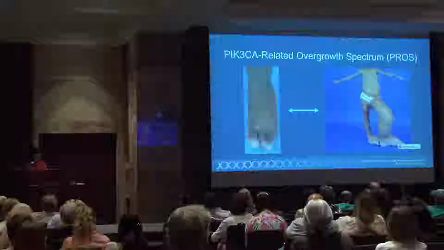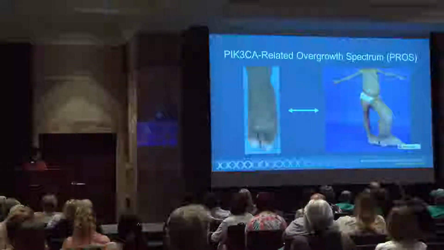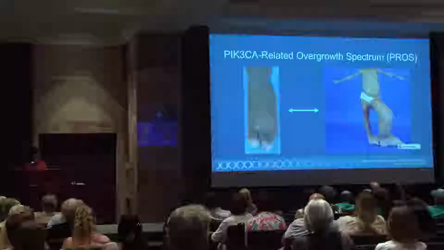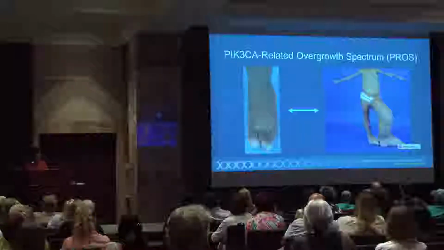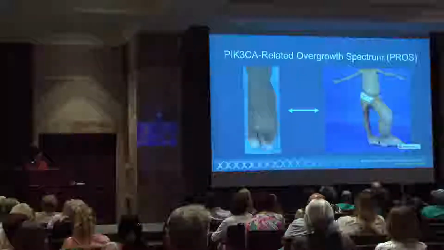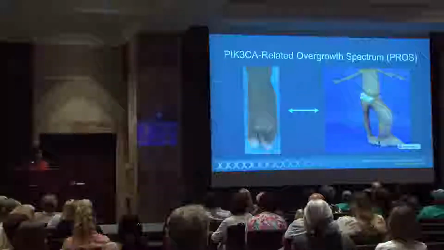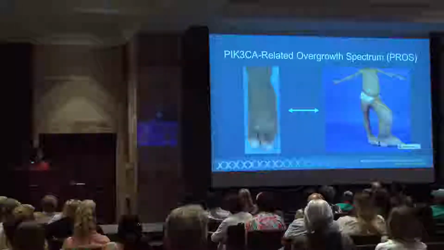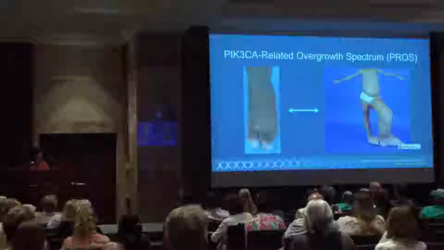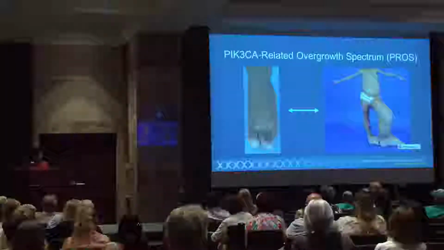The disorder that I'm going to be describing today has significant clinical heterogeneity or variability. I think this slide encapsulates the difficulty we have in understanding the disorder itself, its clinical characteristics, natural history, and complications.